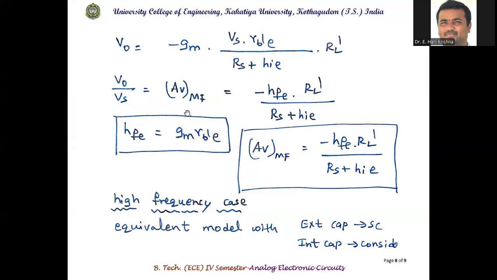The answer is minus GM into RB dash E, which is HFE, so HFE into RL dash by Rs plus HIE. This is the mid-frequency voltage gain: AVMF is equal to minus HFE multiplied by RL dash divided by Rs plus HIE.